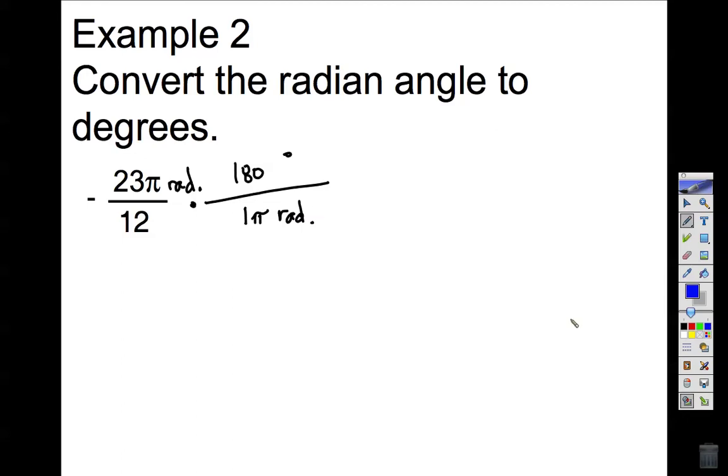So the pi's reduce each other out, and so do the radians. When you multiply this out, we get so far negative 4,140 over 12 degrees. Let's simplify and divide that out, and that is going to be a negative 345 degree angle.